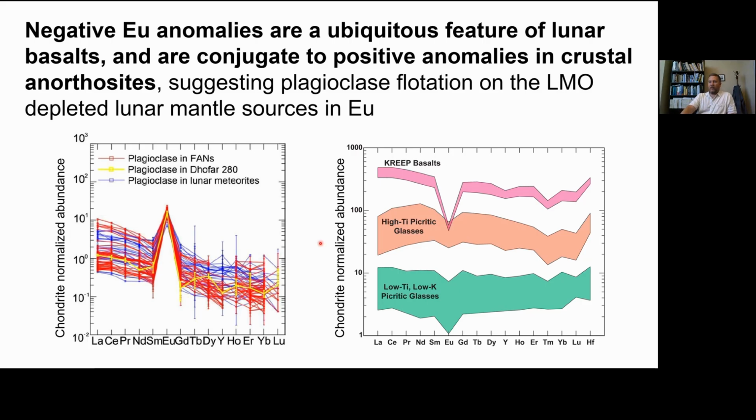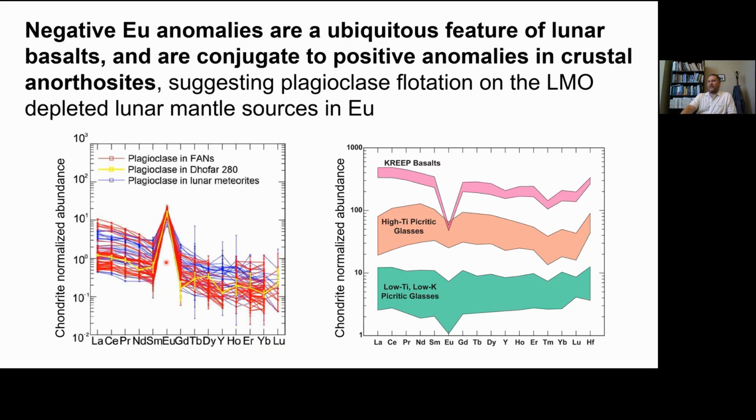Okay, so returning to thinking about the influence of plagioclase fractionation from the magma ocean on the chemistry of the moon, we can take a look at the compositions of basaltic glasses. So here are low titanium picritic glasses, high titanium picritic glasses, and mare basalts. You see that all of these sample types have this large negative europium anomaly. So this is conjugate to the positive europium anomaly in the lunar crust.